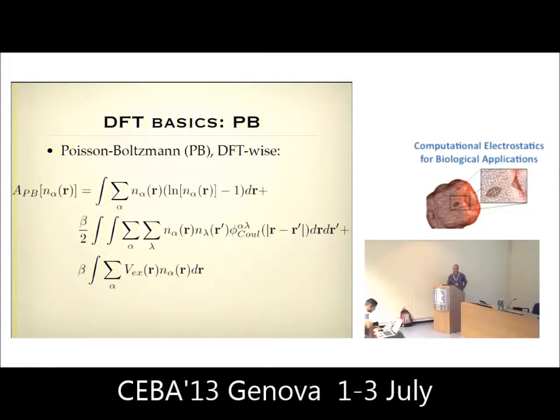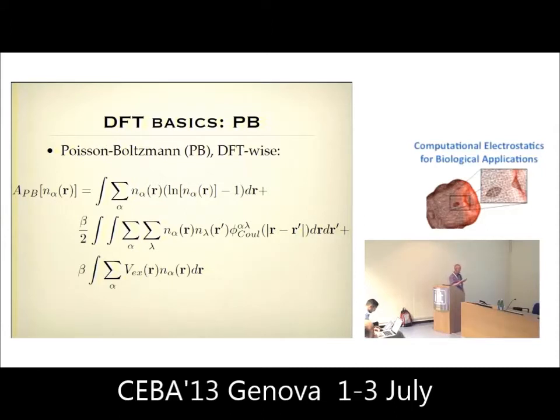So let's then focus on the Poisson-Boltzmann equation, or charged systems. Well, it's relatively straightforward. Just take the functional I showed you before, the mean field functional, because Poisson-Boltzmann is a mean field theory. And then you plug in the entropic part. Of course, with Poisson-Boltzmann you expect 2 components, like a salt, typically speaking.